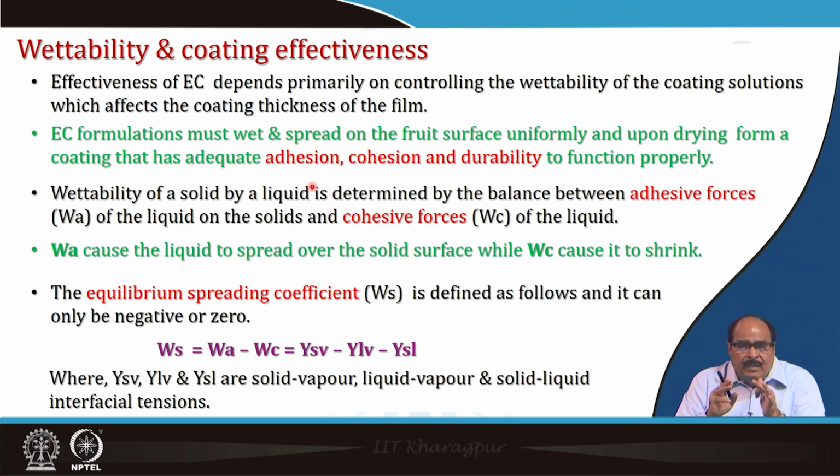Effectiveness of coating depends primarily on controlling the wettability of the coating solutions, which affects the coating thickness of the film. Edible coating formulations must wet and spread on the food surface uniformly, and upon drying they should form a coating that has adequate adhesion, cohesion and durability to function properly.